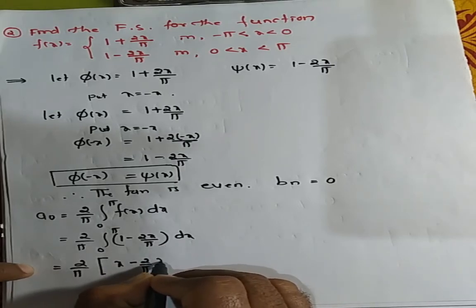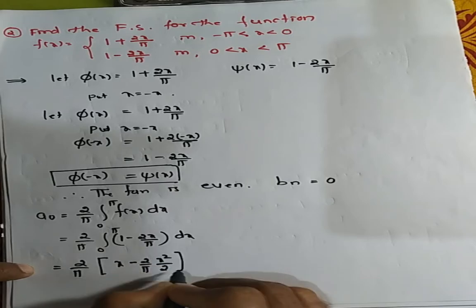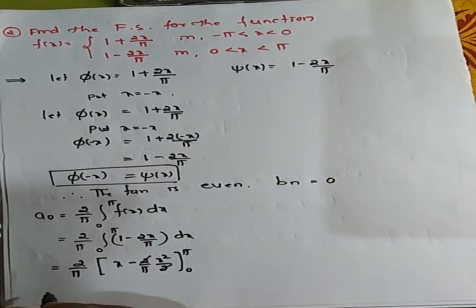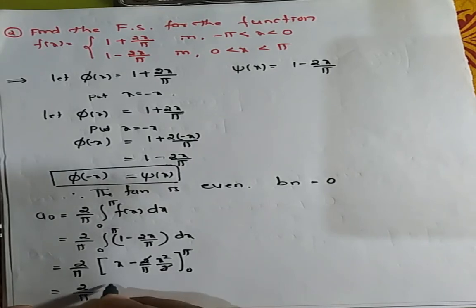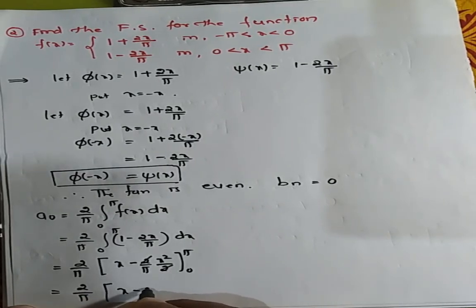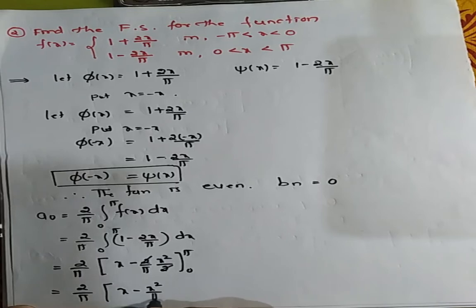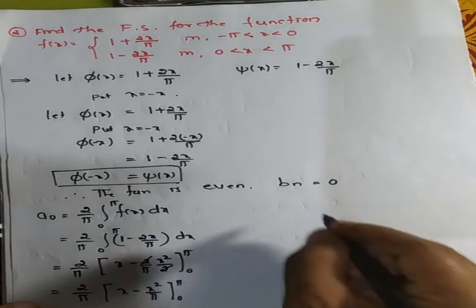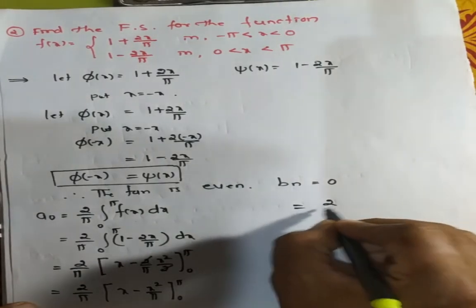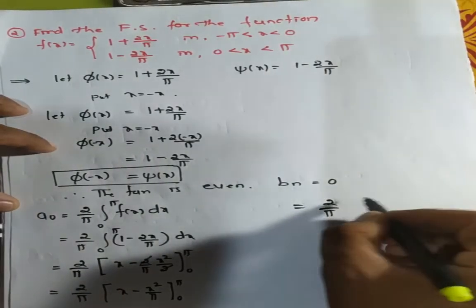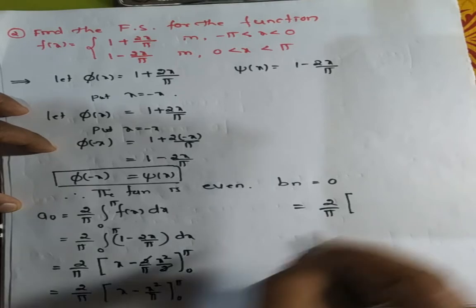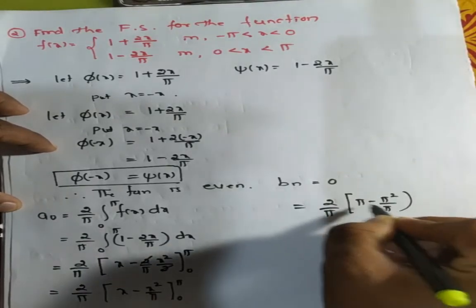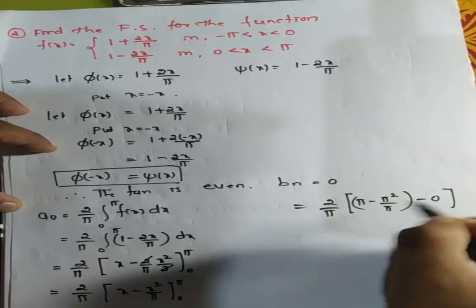Now integration of 1 with respect to x is x, minus 2 divided by pi is a constant, and integration of x is x square divided by 2, applying limit 0 to pi. So the 2 gets cancelled. So 2 divided by pi bracket x minus x square divided by pi bracket, applying limit 0 to pi. Applying the upper limit, pi minus pi square divided by pi, upper limit minus lower limit, where the lower limit is 0.